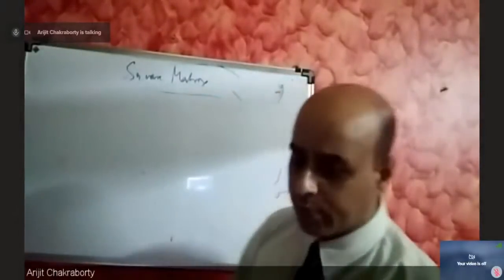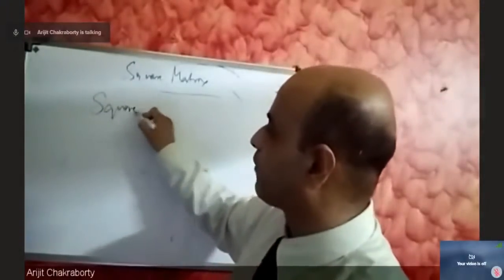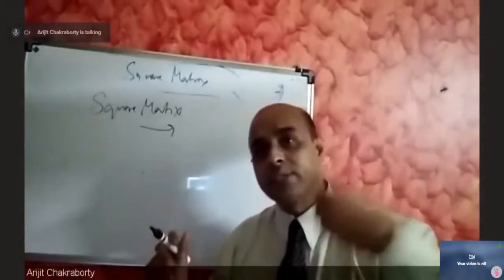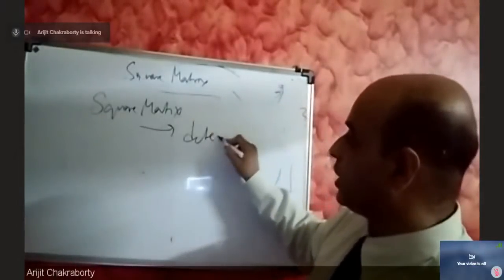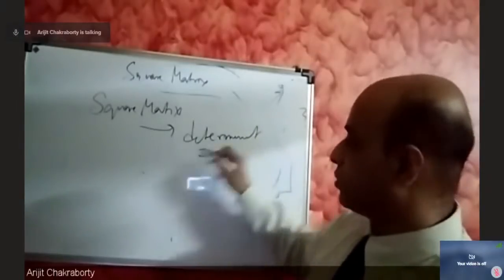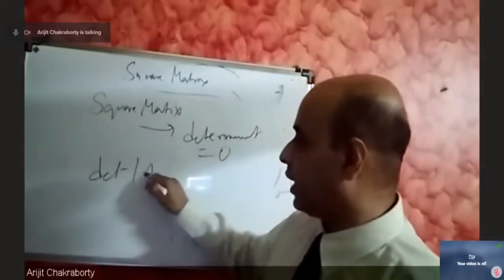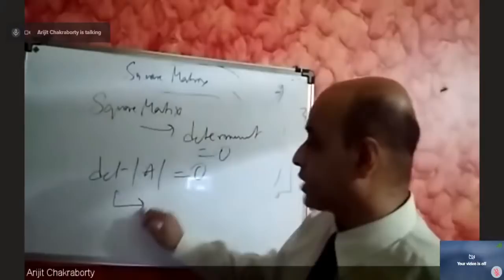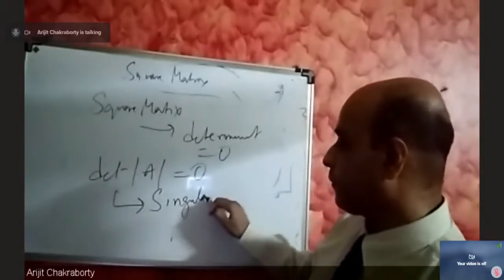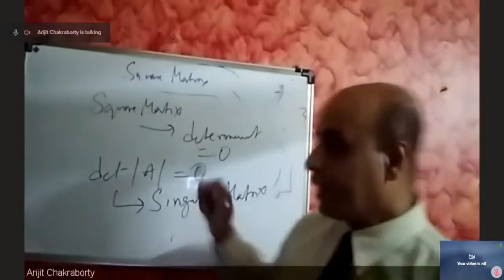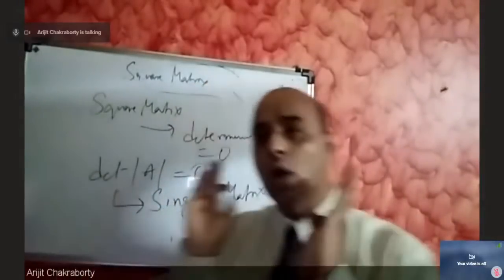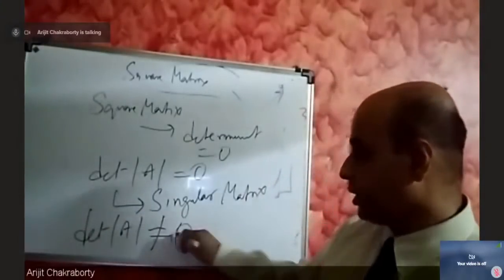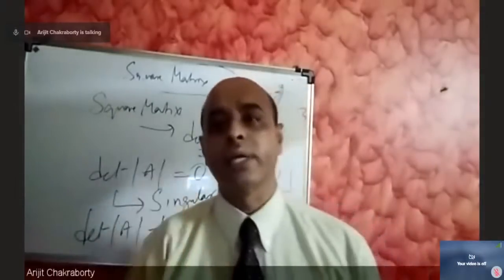If you have a square matrix whose determinant is 0, that means if the determinant of a matrix A equals 0, then it is known as a singular matrix. If the determinant of A is not equal to 0, then it is called a non-singular matrix.